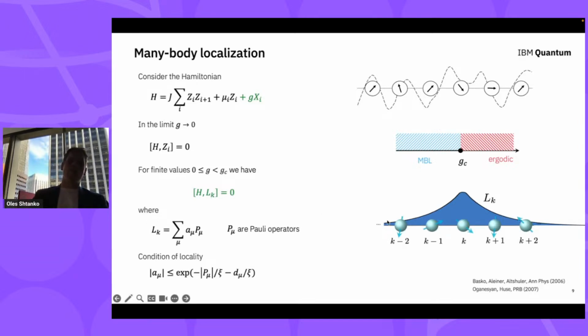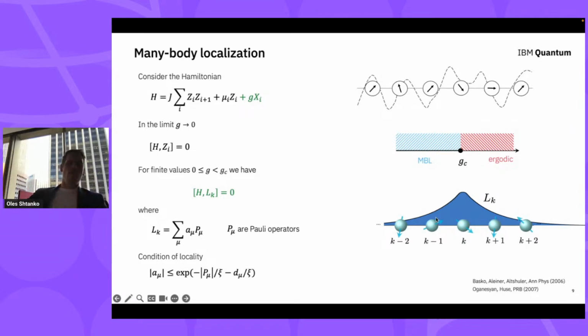And you can describe the structure using this exponential shape on the right. What this exponential shape means is that your integrals of motion are sums of Pauli operators, and the largest weights on the Pauli operators are in the center, in this shape.